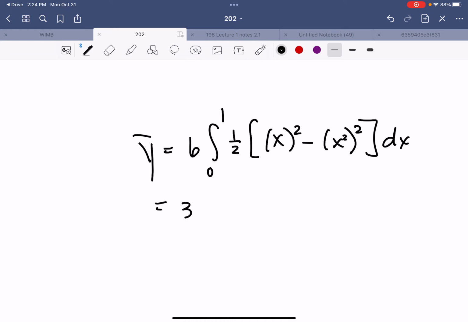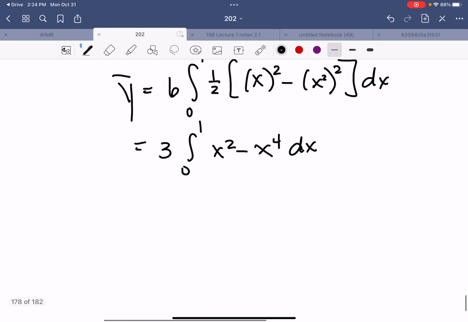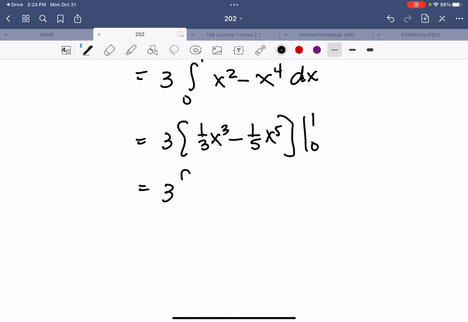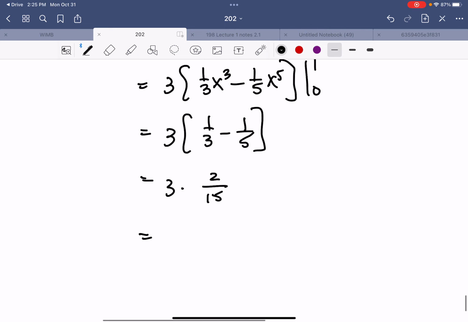So that gives me 3 integral from 0 to 1 of x squared minus x to the 4th dx. And this is 1/3 x cubed minus 1/5 x to the 5th from 0 to 1. And that's going to give me 3 times 1/3 minus 1/5. And let's see, this is 3 times 2 over 15, or 6 over 15.